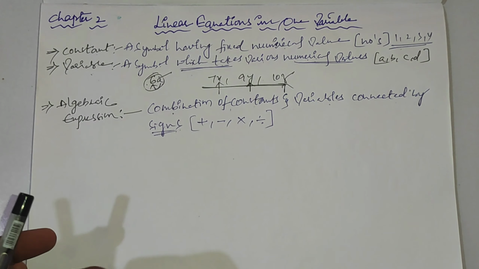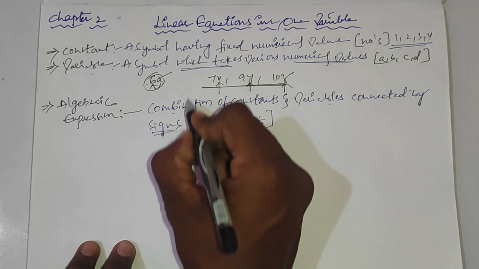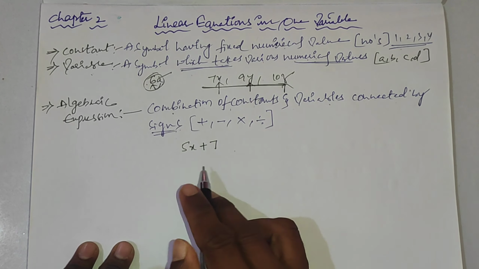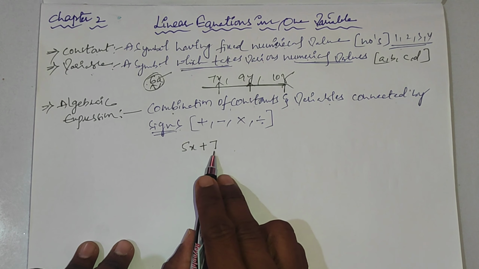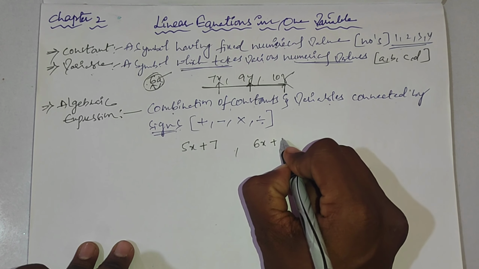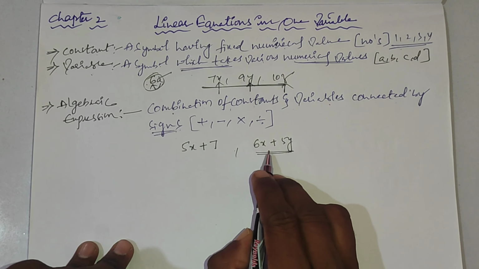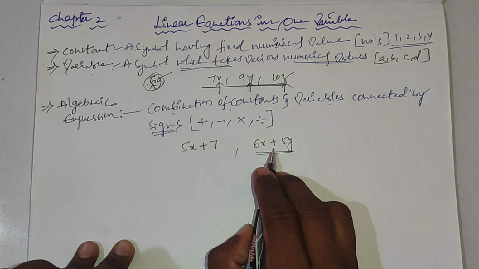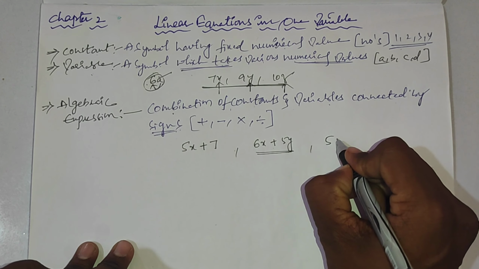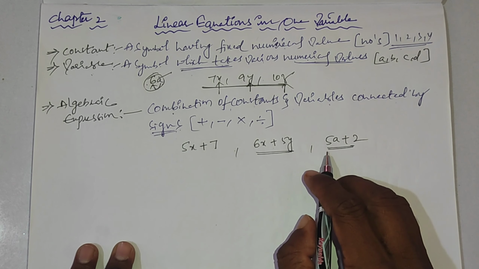We'll see one example here. What is an expression? A combination of constants and variables. Suppose 5x plus 7. Yes, it is called an expression. Suppose 6x plus 5y is an expression, right? Suppose 5a plus 2 is an expression, isn't it?